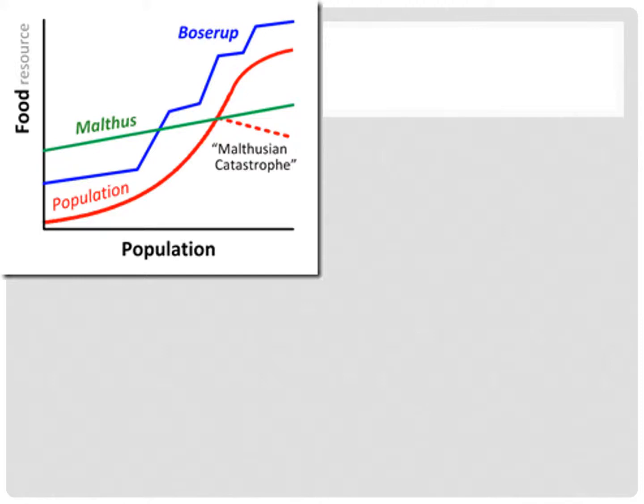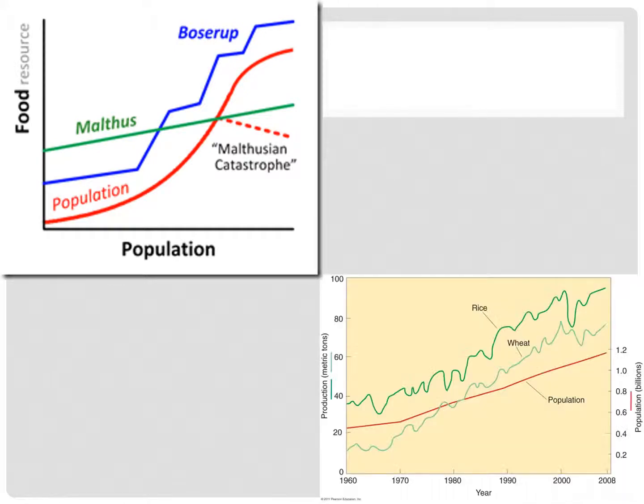Think famine, disease, war, something that would bring the population back into carrying capacity, back into control below the food supply. Some people use the Irish potato famine as evidence that Malthus was correct. Now, Esther Boserup, the blue line, argues that the food supply would adjust as population increased through things like innovation, intensification, things like that. So let's see this in a real world example.